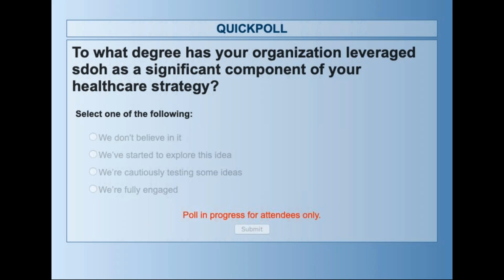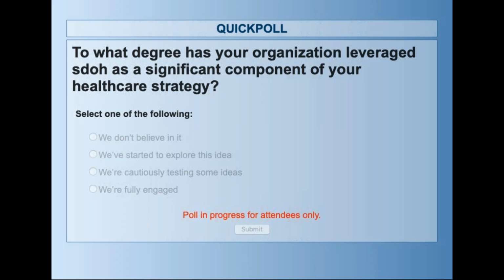Boy, if I had to handicap this, I'd say we're probably somewhere between choice 2 and 3. Most organizations are just now beginning to explore this idea and taking some baby steps, putting a toe in the water, whatever analogy you like. But back to Dr. Renda's comment, I think many practitioners find this very difficult. Most of us certainly weren't trained this way, especially guys as old as me.